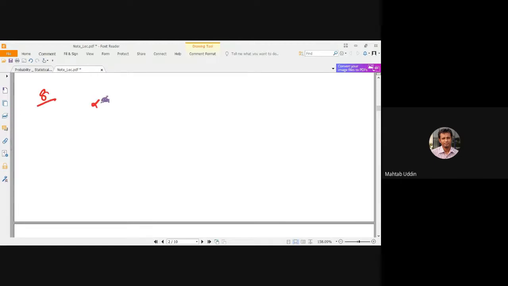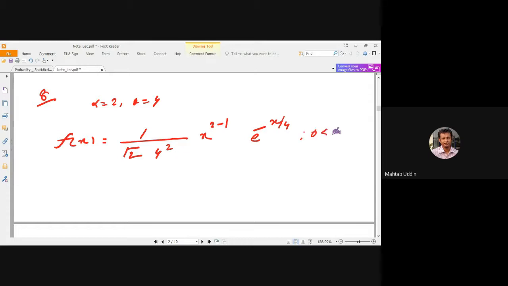So f(x) is 1 by gamma alpha theta to the power alpha, x to the power alpha minus 1, e to the power minus x by theta, for 0 less than or equal to x less than infinity.